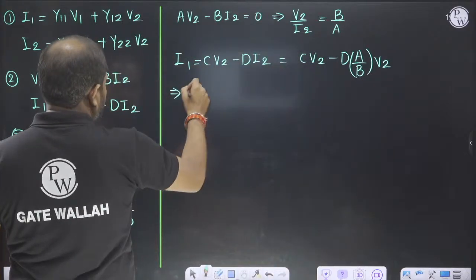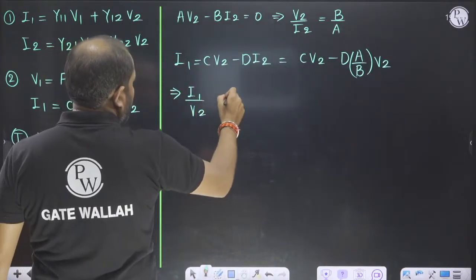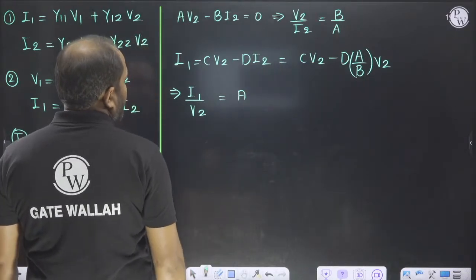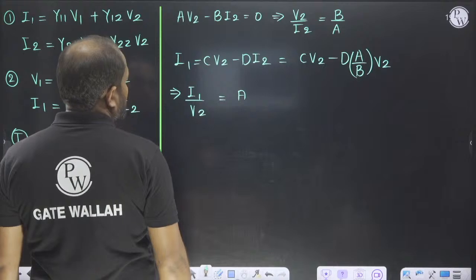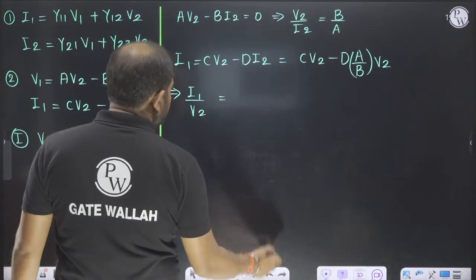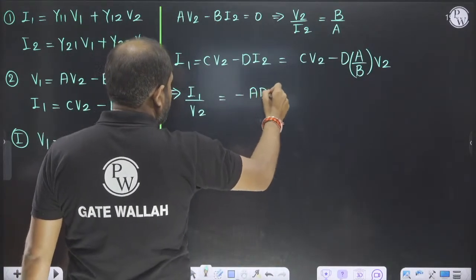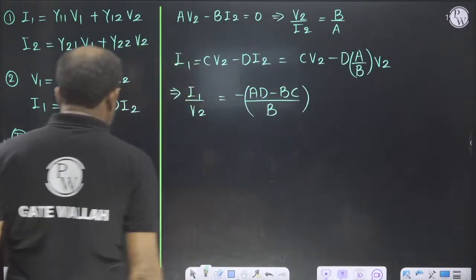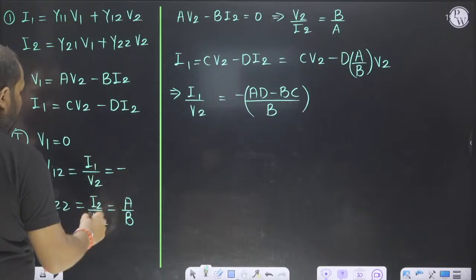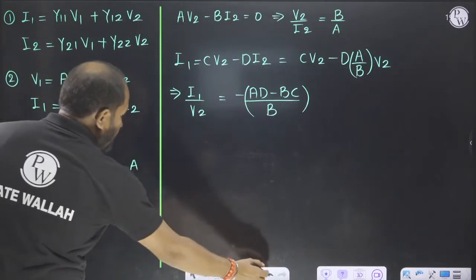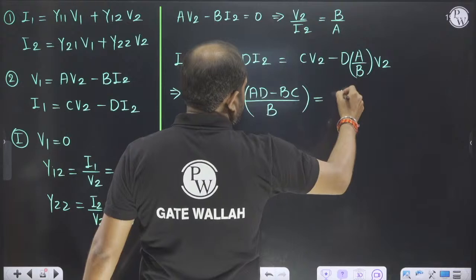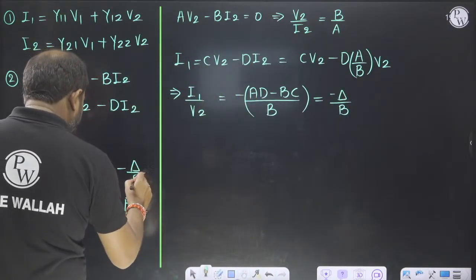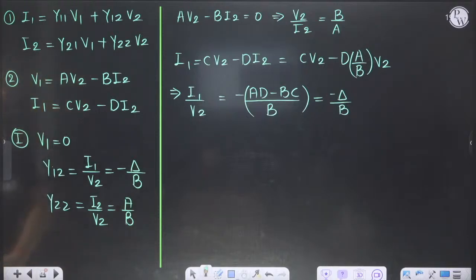So I1 upon V2 is equal to (BC minus AD) divided by B. So it will be minus times of (AD minus BC), that means minus delta A divided by B. This is the point here.